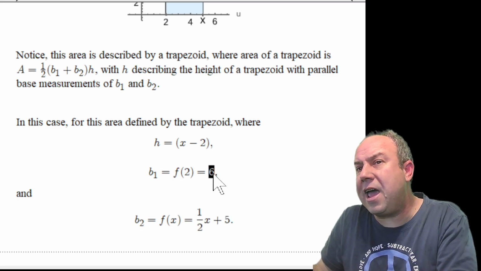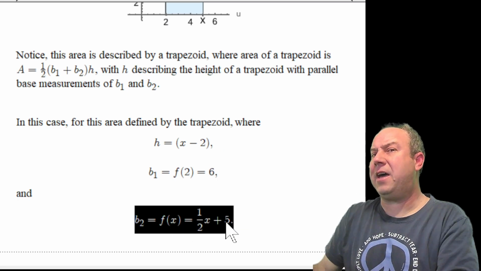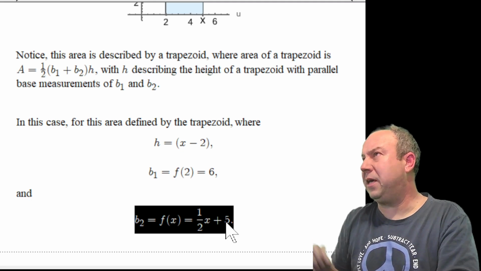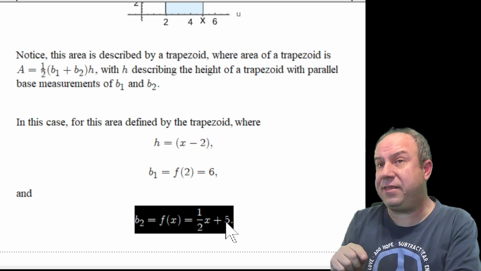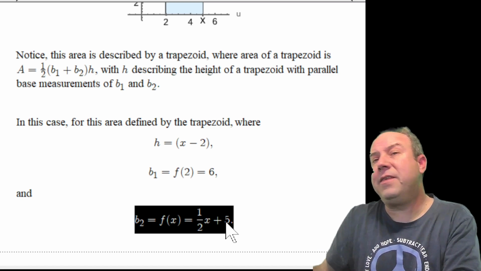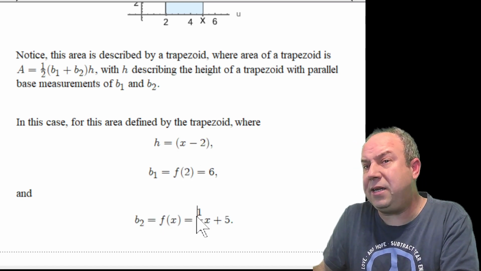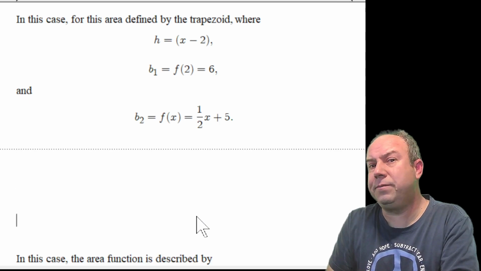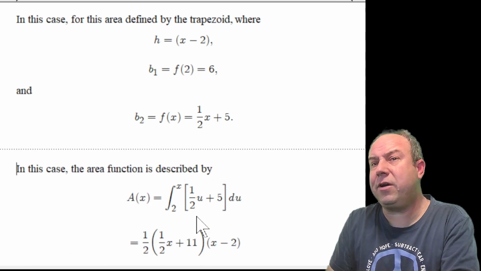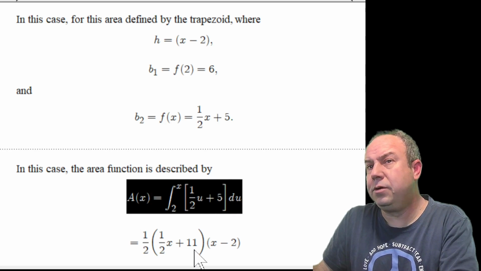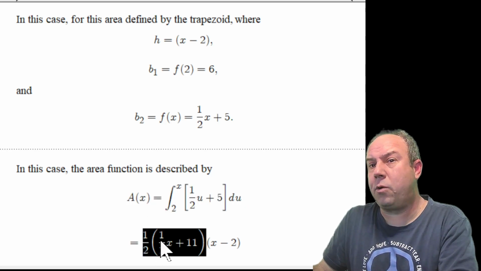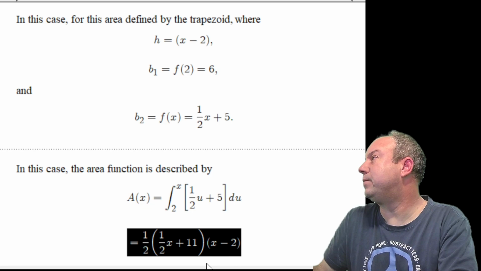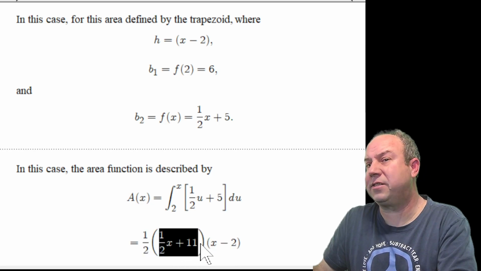So if I add these two bases together to begin averaging them, and divide that by 2, and then multiply that all by x minus 2, I'll have the area of that region. And in this case, the area function would be described by this function of x seen down here.